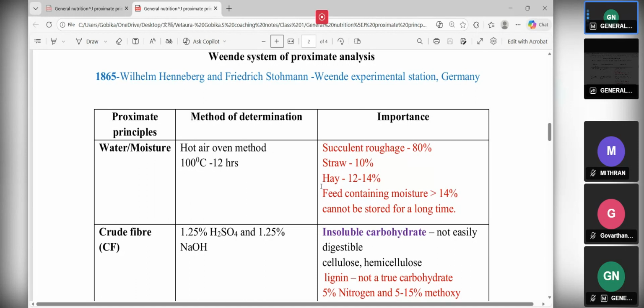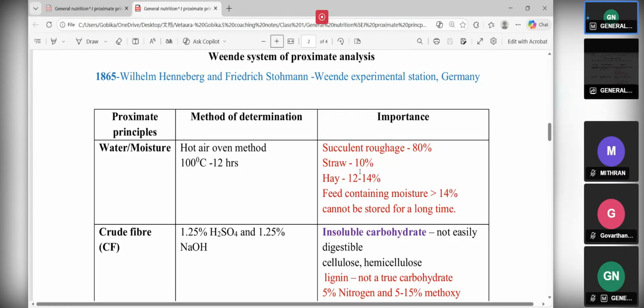Then some important points regarding moisture from the exam aspect: the moisture content of succulent roughage. The name succulent itself indicates it contains juicy or more moisture content. So in succulent roughage, that is green roughage as such, we cut and feed, it contains mostly around 80% moisture content. Then straw, we all know it is the dried component of remaining parts of cereal fodder.